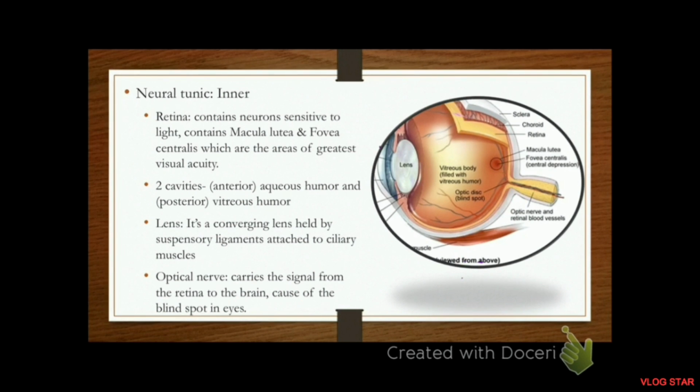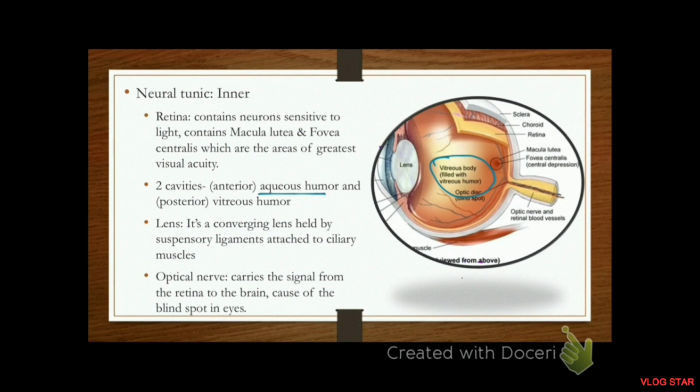Before we go a little further inside, I will just talk about the vitreous humor. You can clearly see it in this picture. It is the portion that fills the entire big cavity behind the lens, between the retina and the lens.